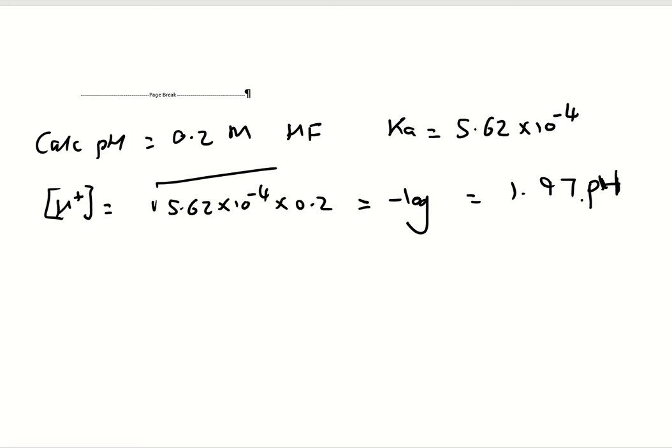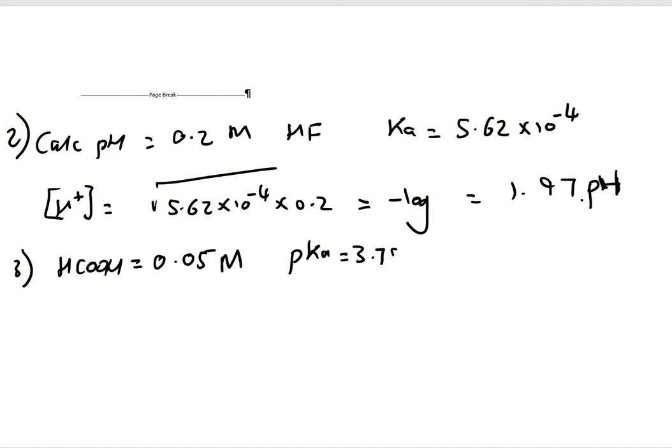Right, so that was number 2, let's have a look at a third one. This time we've got methanoic acid, which is HCOOH, you'll know that anyway. Our methanoic acid is given to us at a concentration of 0.05 molar, and we've been given a pKa this time, which is 3.75.